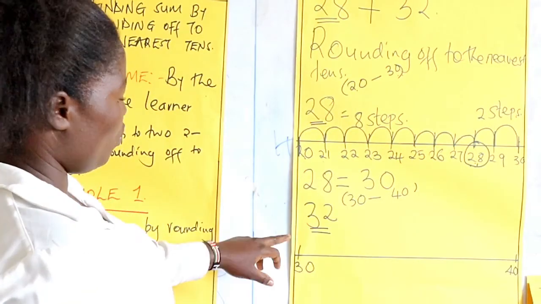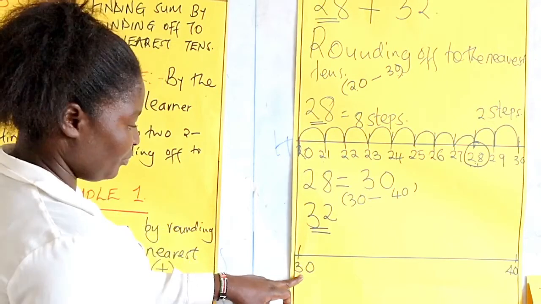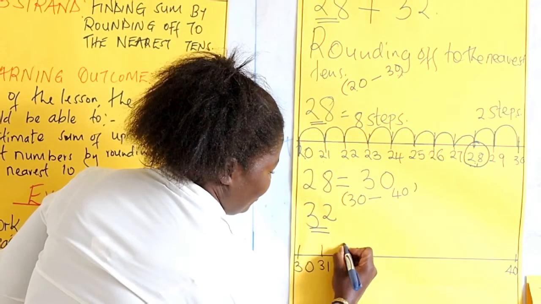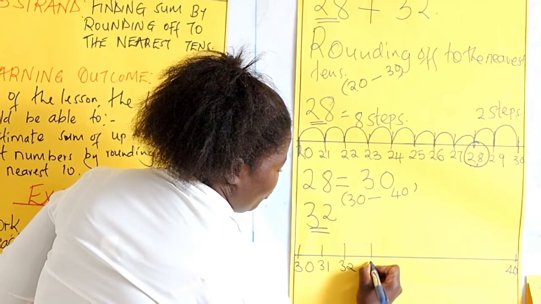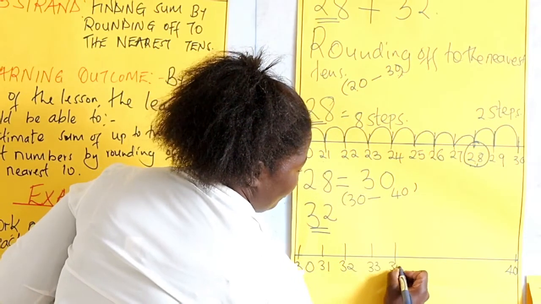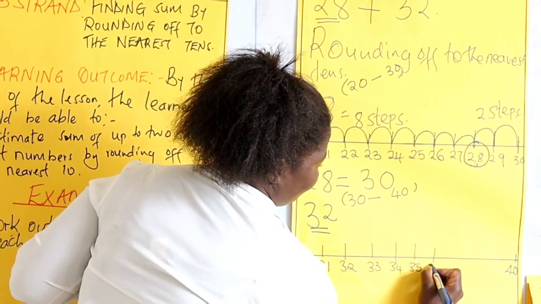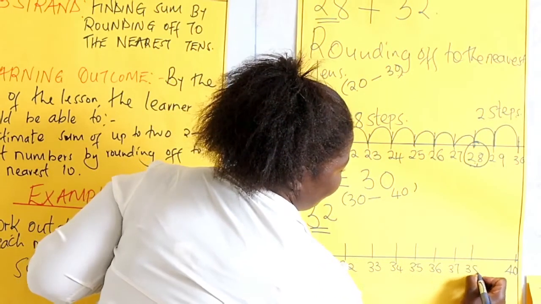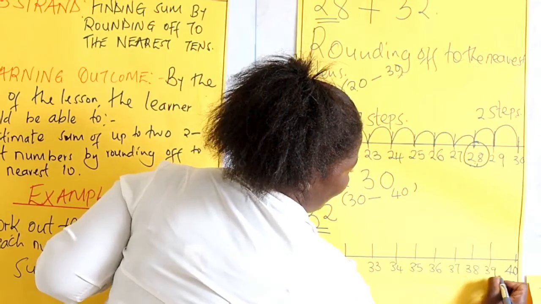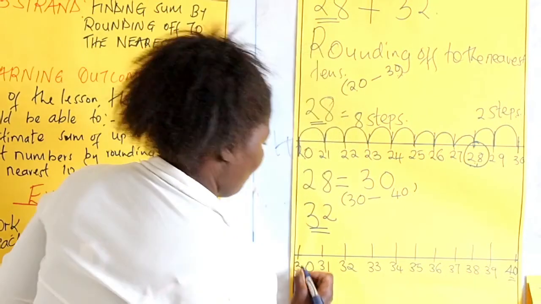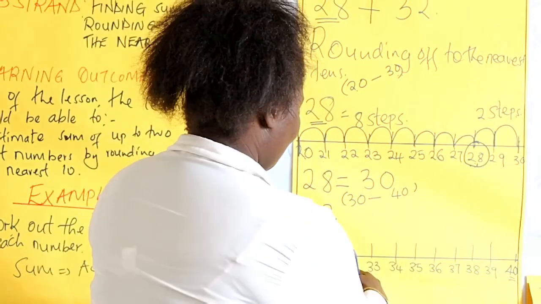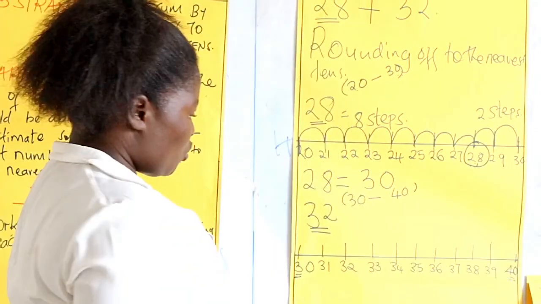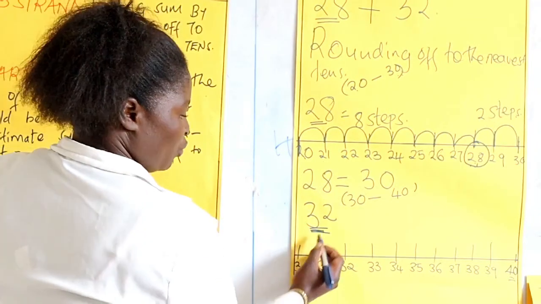Now, can we count together? 30 up to 40, 31, 32, 33, 34, 35, 36, 37, 38, 39, and lastly, 40. Remember we say that 32 is in between number 30 and 40. So, our number is 32.